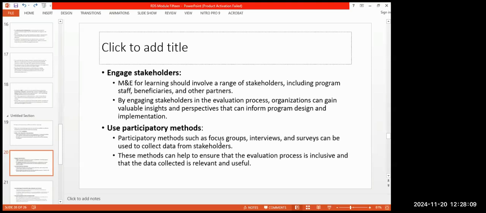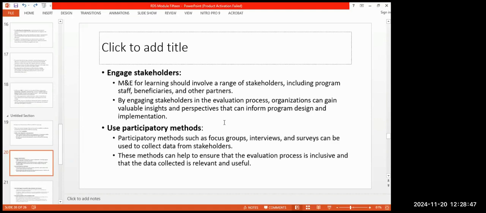The other strategy of having an effective M&E for learning is that you engage your stakeholders. Okay, so you must involve... I hope anybody involved in a project or program must have at some point done a stakeholder analysis, which you should revise, by the way, as you proceed, so that you know who are your primary, secondary, and even tertiary stakeholders, and include them accordingly.